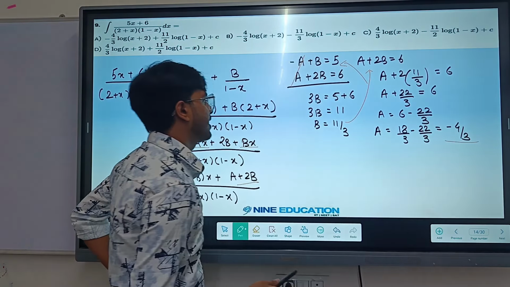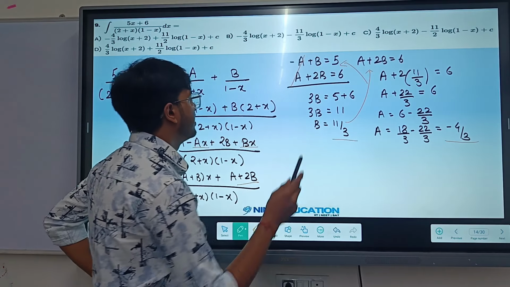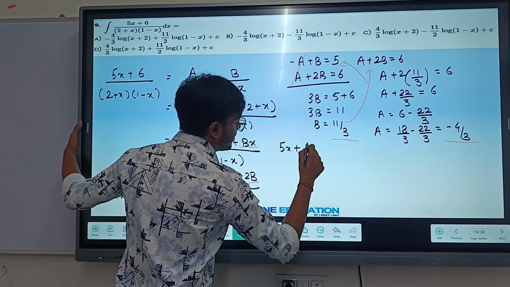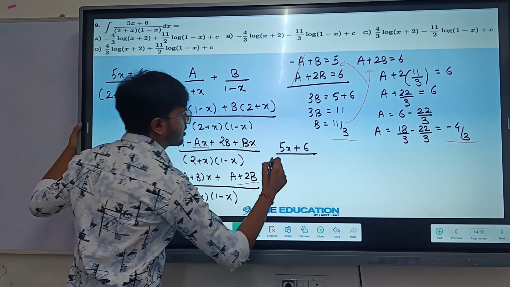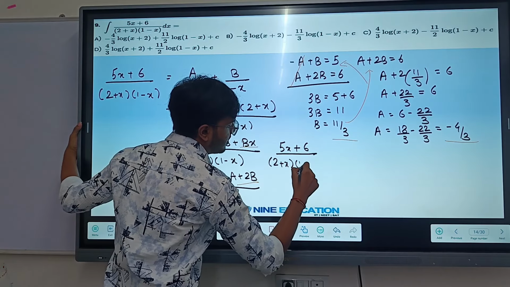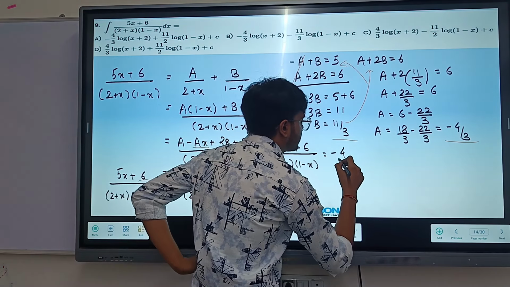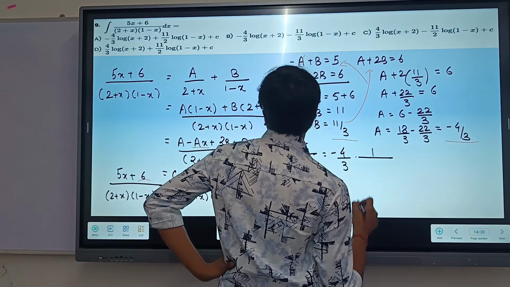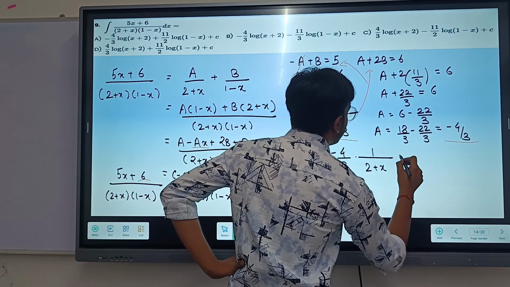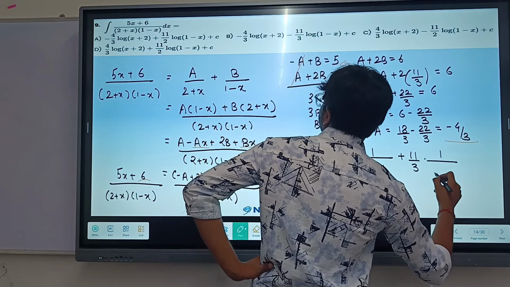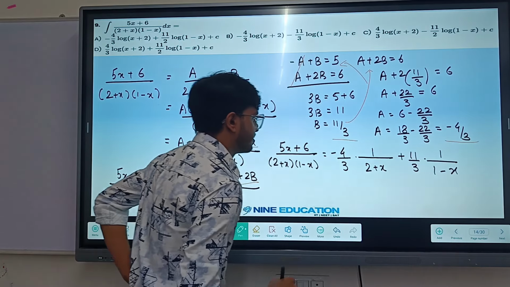So we have a as minus 4 by 3, we have b as 11 by 3. Let's substitute both of them here. So we get 5x plus 6 divided by 2 plus x into 1 minus x as a, which is minus 4 by 3, so minus 4 by 3 into 1 by 2 plus x, plus b, which is 11 by 3, 11 by 3 into 1 by 1 minus x.